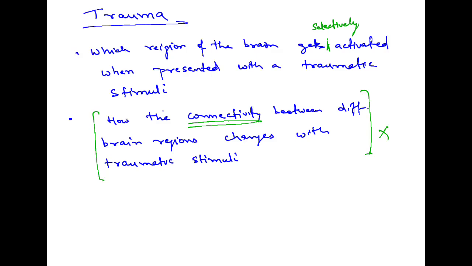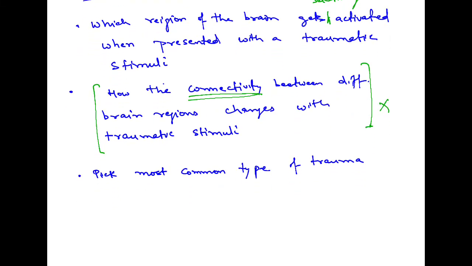Maybe we pick up the most common traumatic experiences that people have, so that it will be easier to get the data, and then get samples of people who have faced that specific traumatic incident, and then provide that as stimuli, mostly visual, I guess, or maybe auditory if it's something like a siren. Okay, so pick the most common type of trauma, and then select.